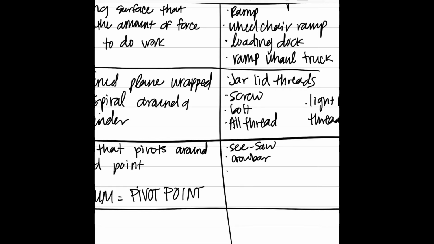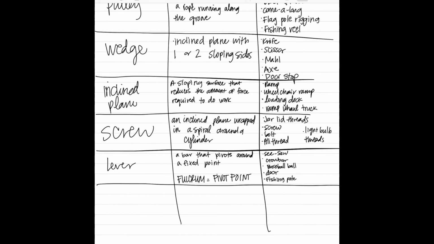Technically, the fulcrum of a crowbar is in your hand, because that's where it pivots. It's also, let's see what else, a baseball bat. It's also in your hand. A door, the hinges are the pivot point. A fishing pole, not the reel, but the pole itself. The pivot point technically is your hand.